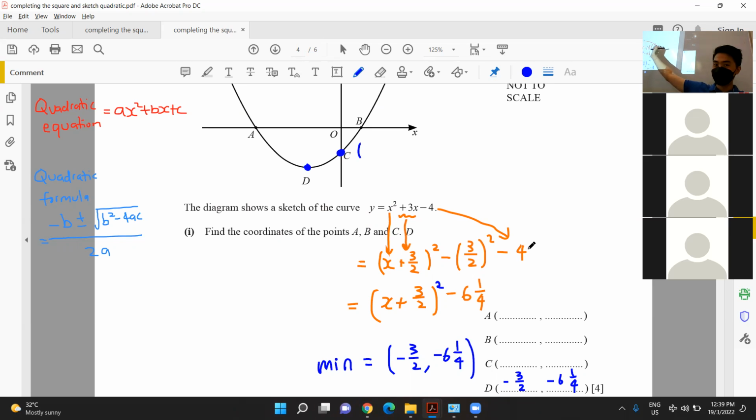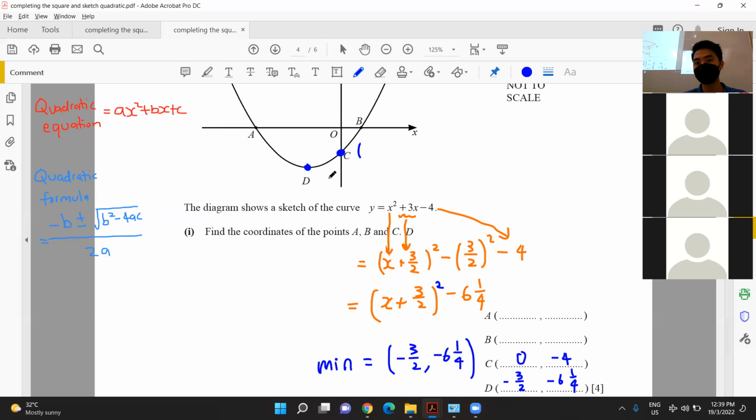So the coordinate is (x, y), 0 and -4, correct? Okay, and then lastly we need to find A and B. A and B is the values of x, right?